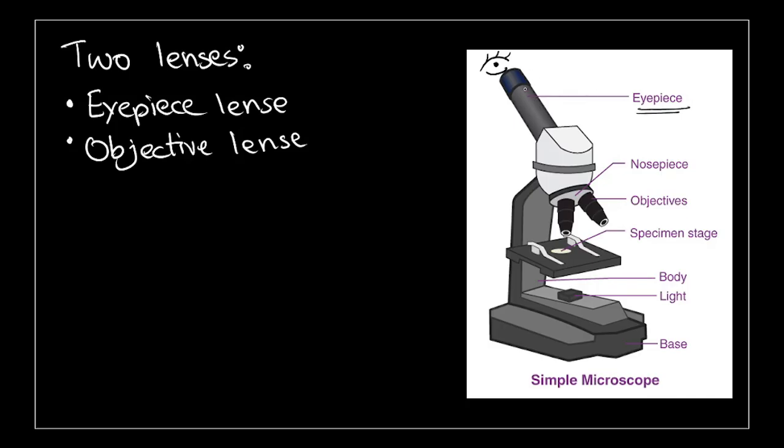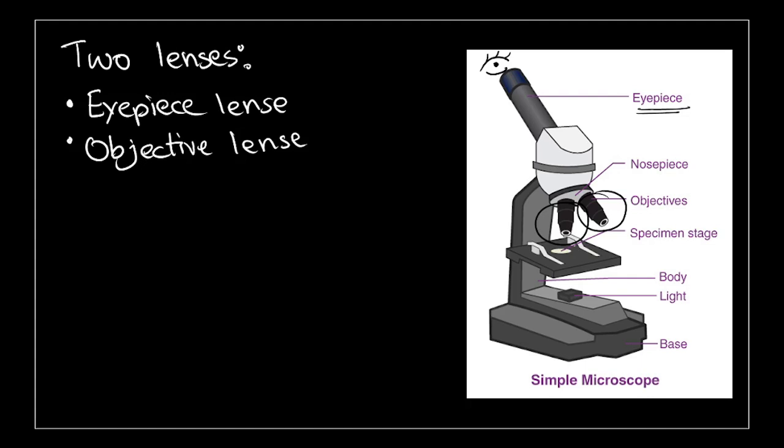Its job is to take the image that is created by the objective lens and magnify it further, which acts like a magnifying glass so your eyes can see the final enlarged image clearly.